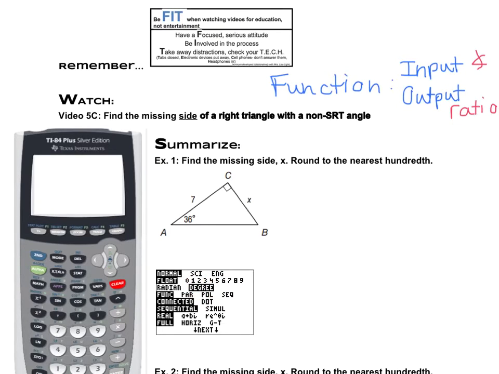The reason for that is because your calculator has these functions, like we've been talking about, built in, so that if I put in an angle measure, I'll get out the correct ratio from it, but I need to make sure that I'm in the correct measurement mode. So make sure you're in degree mode.